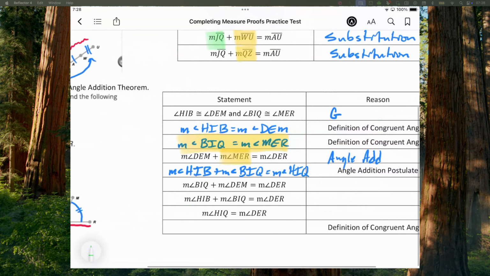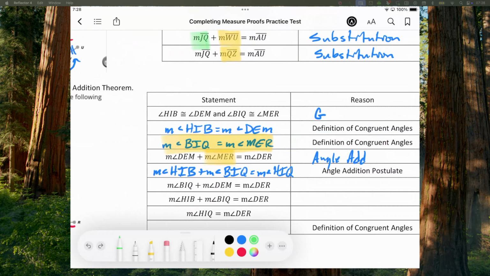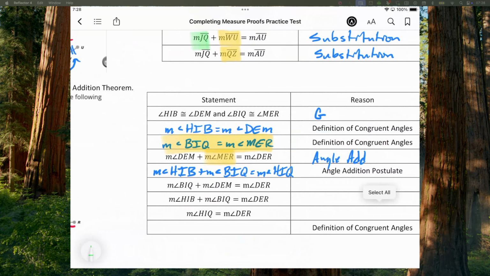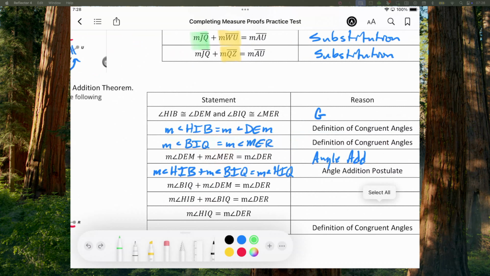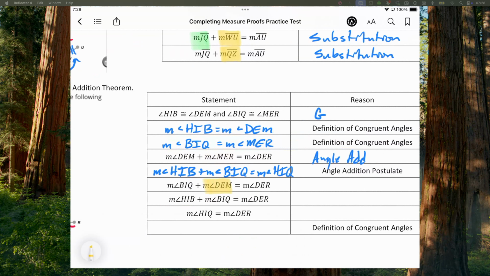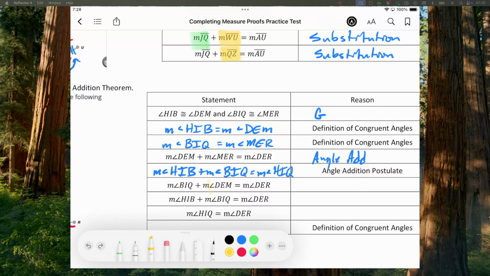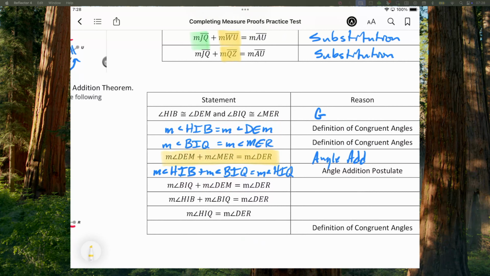Yep. So HIB got replaced with DEM. So we have BIQ plus DEM equals, no, right? So I've got to go off this one. So it still has DEM and it has MER added, so it is the case that BIQ is replacing MER for that one.